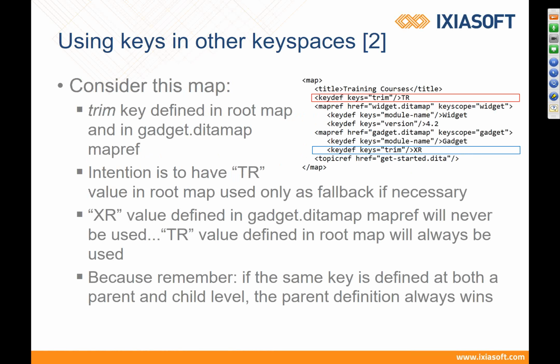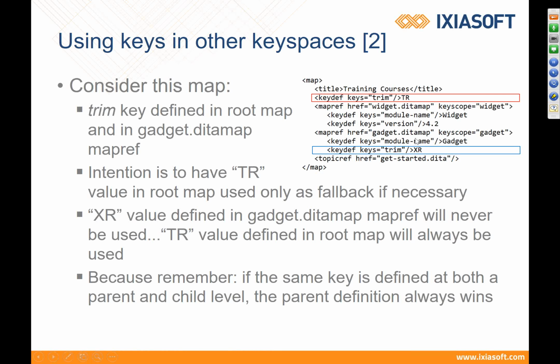So if you consider this map here, I've got the trim key defined in my root map, and I've also got a trim key defined in my gadget DITA map. My expectation is that if a topic in this map happens to use the trim key, then it'll use TR as a fallback definition for that key.